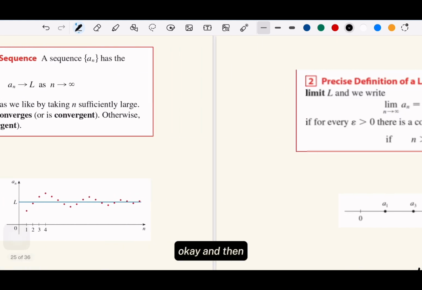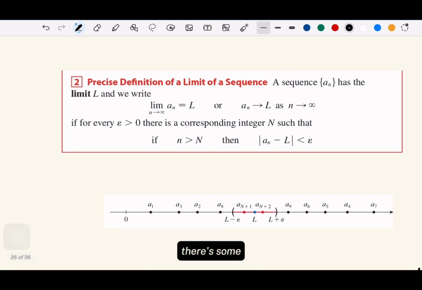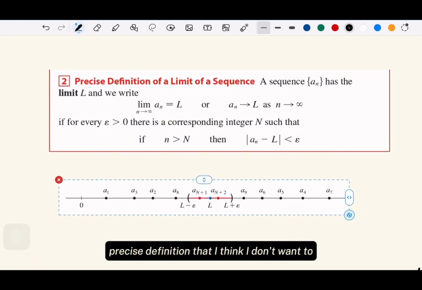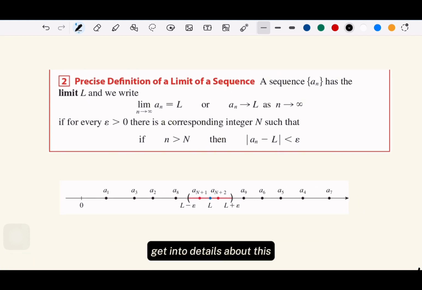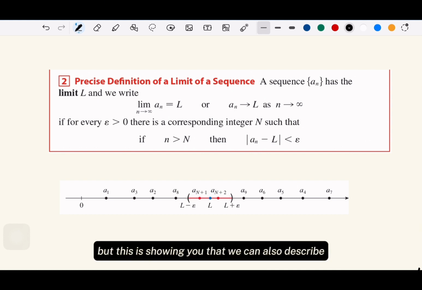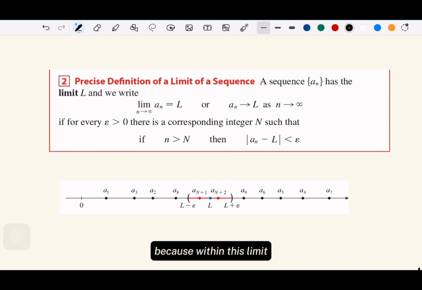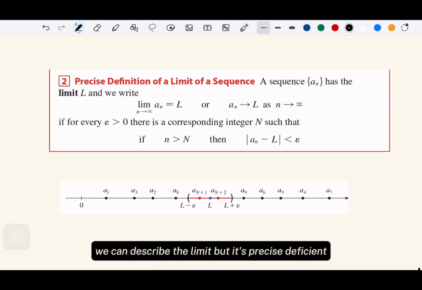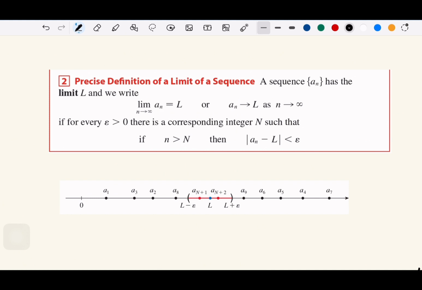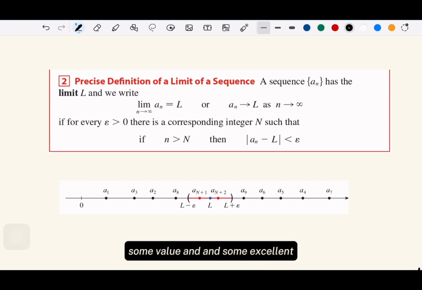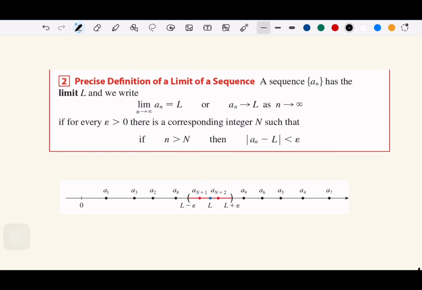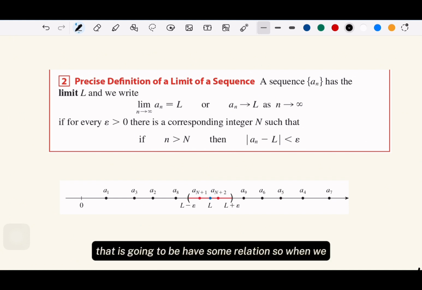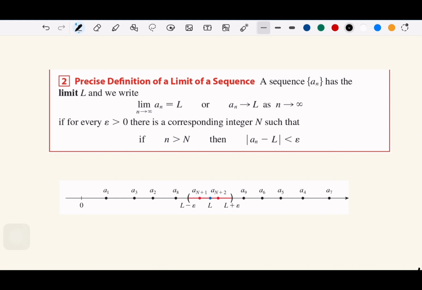Okay, and then there is some precise definition that I don't want to get into details about. But this is just to show you that we can also describe the limit by its precise definition, which means we are defining some value and some epsilon that is going to have some relation.